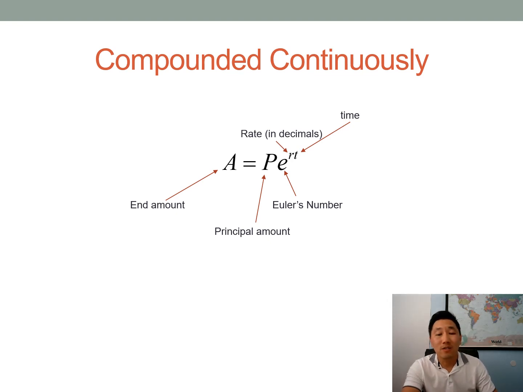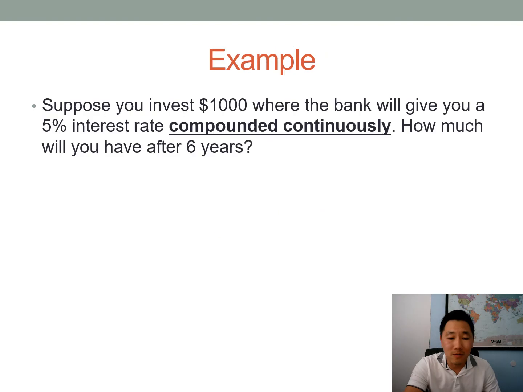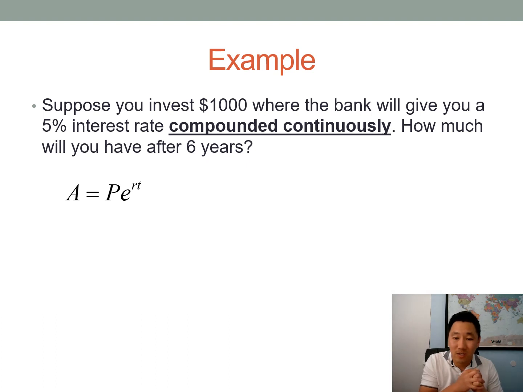Let's go ahead and do one example. It is actually the same exact example as what we did yesterday. You have $1,000 in the bank, and the bank gives you 5% interest. But this time, instead of using the old formula where they calculate it every year, they're going to use this new formula because you want it to compound continuously.